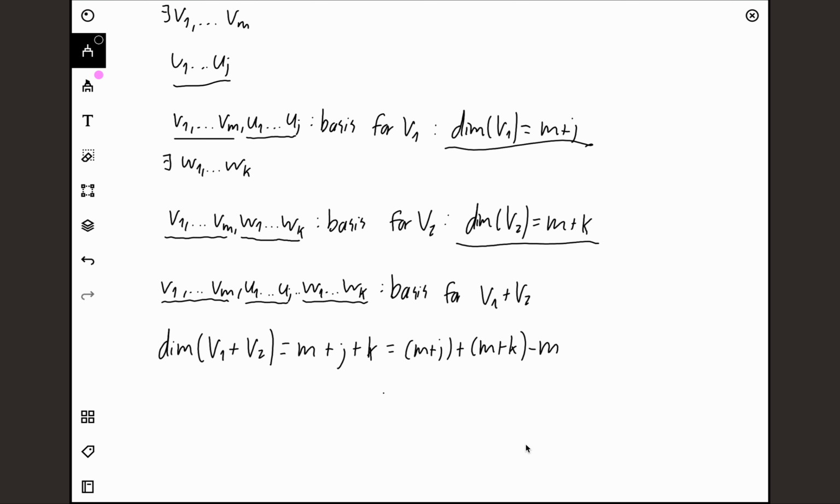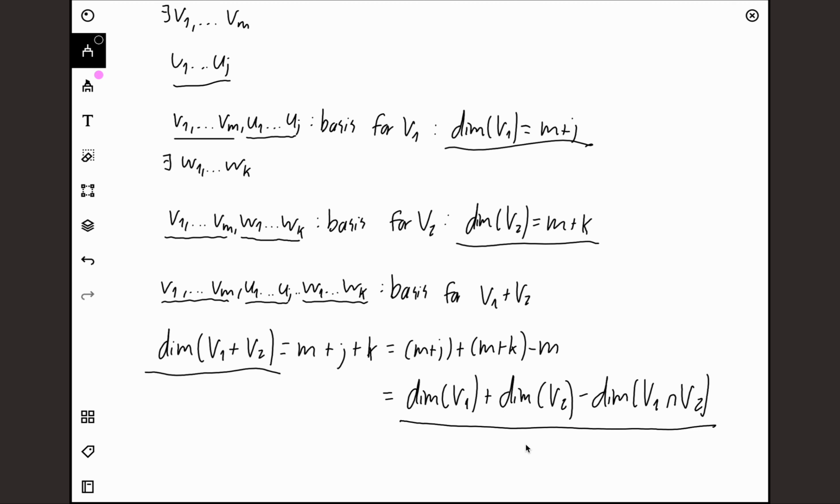So this equals dimension V1 plus dimension V2. And what is m? We said that m is the dimension of V1 and V2, so minus dimension V1 and V2. So dimension V1 plus V2 equals exactly this, and we proved the theorem.